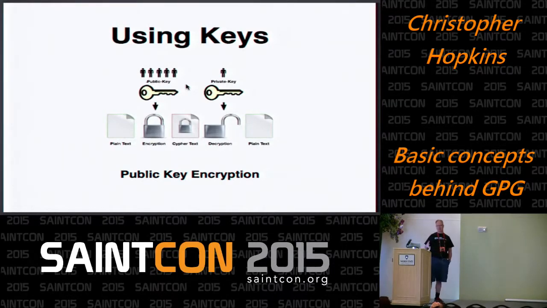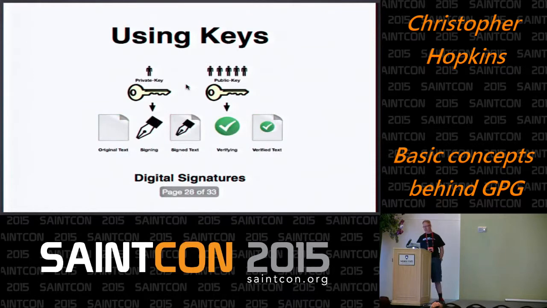Besides the encryption part, there's another value you can get out of the public key approach. Say you don't need to control who has the message, but you want to assure other people that your message came from you and it hasn't been manipulated.